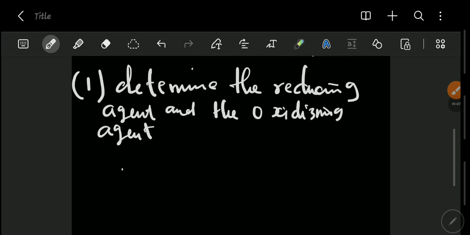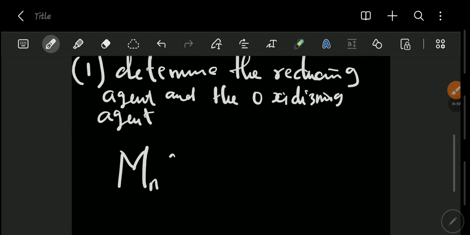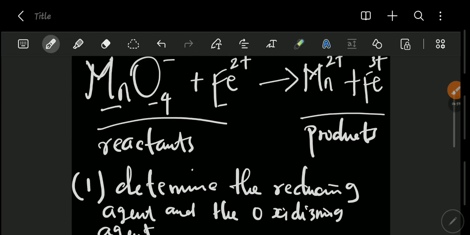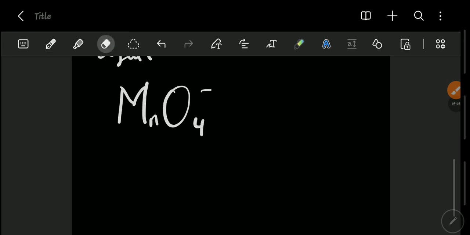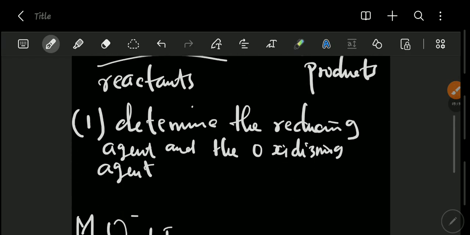So Mn on the left, it is together with O, right? And then there's a charge on it, and then I'm having a plus Fe. Sorry, let me write this properly so you can see. So I'm having MnO4 minus plus Fe2 plus.